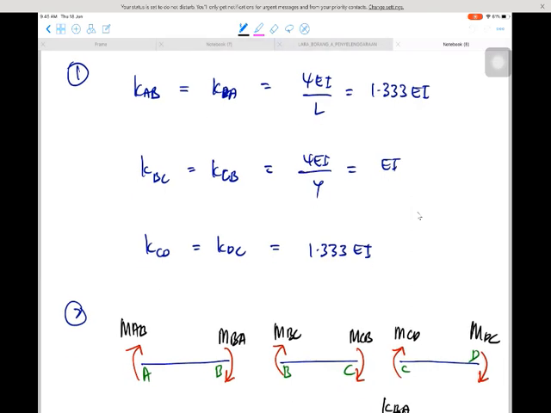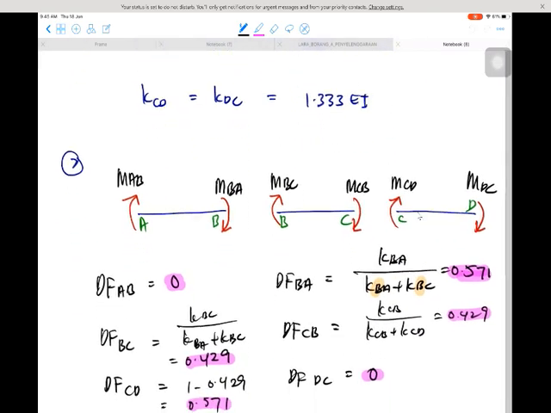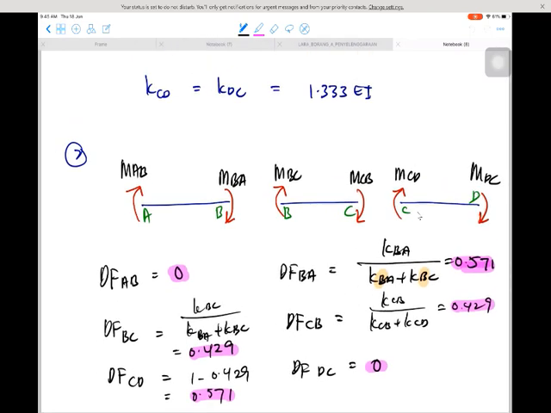Then we also calculated the distribution factor. I have also explained that the number of distribution factors is equivalent to the number of member end moments.